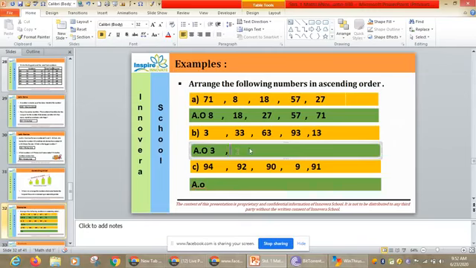After 3, you have to write the number 13. Then after 13, what will come? 33. After 33, the number 63. And then we will have the last number, that is 93.